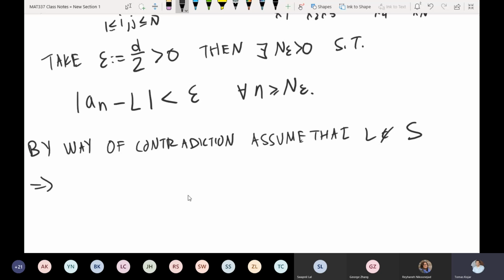That means, without loss of generality, L is less than x1 plus epsilon naught. How do I write this more clearly?